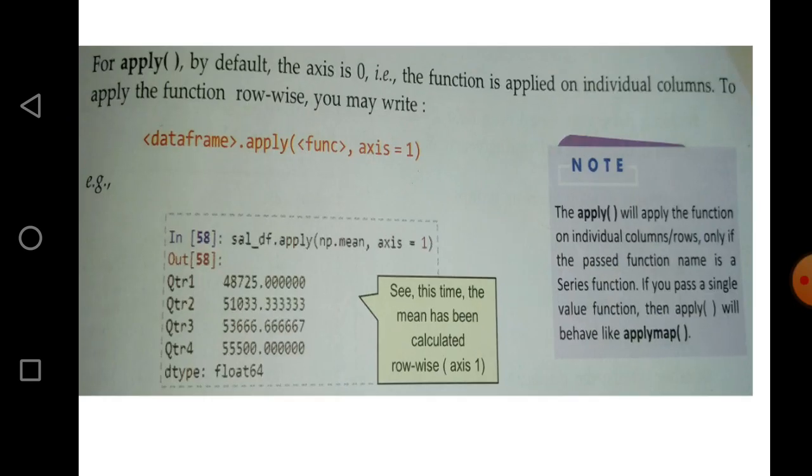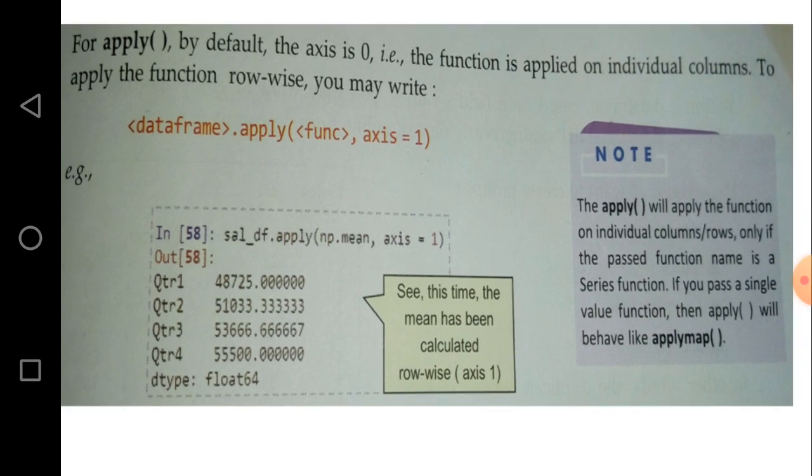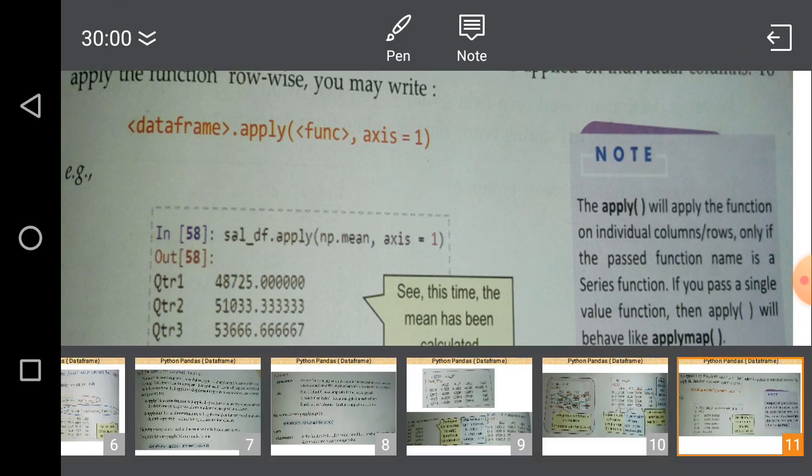Now if we want to calculate the mean along axis 1, that is also possible. Here qtr1, qtr2, qtr3, qtr4 appear as names because we apply axis equal to 1.